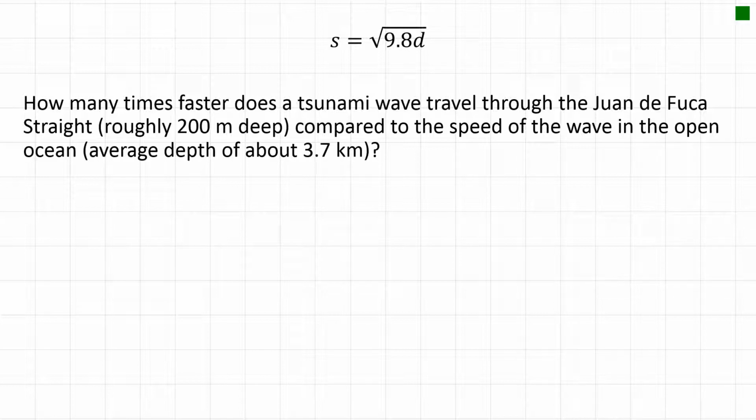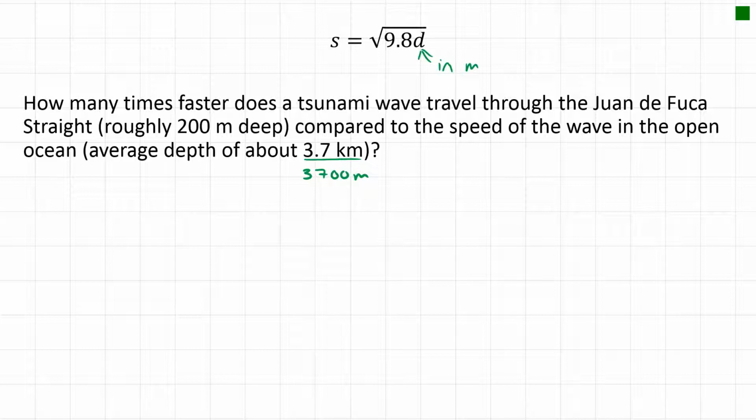So we'll have to be very careful with our units in this question, because we were told that D is in meters, but we're given a depth here of 3.7 kilometers. So we have to change 3.7 kilometers to meters. And if you'll remember, there's 1,000 meters in 1 kilometer. So that means that 3.7 kilometers is actually 3.7 times 1,000, or 3,700 meters.